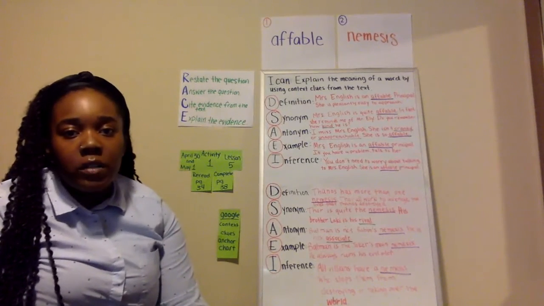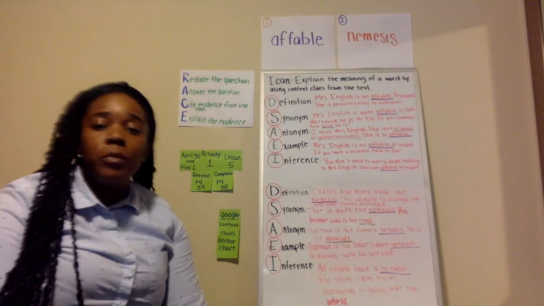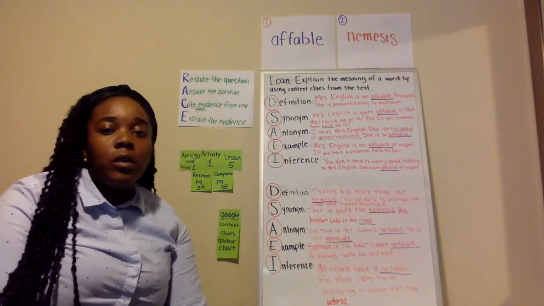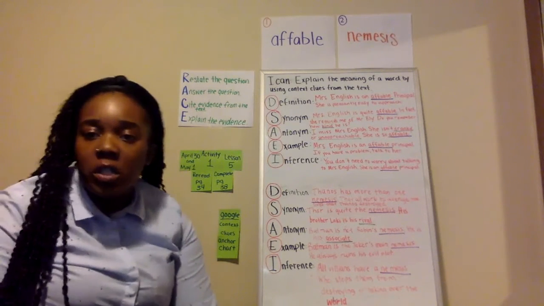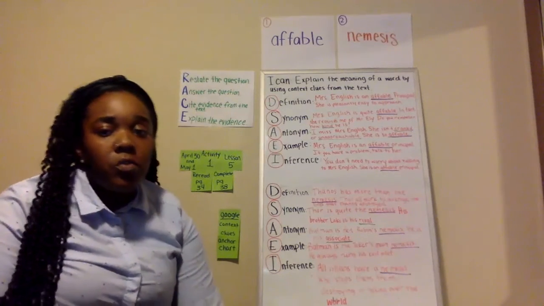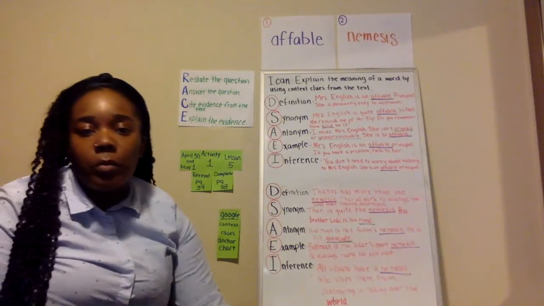Our first example word is affable. We're going to go through some examples using the definition, synonyms, antonyms, examples, and inferences to help us determine the meaning of the word affable.